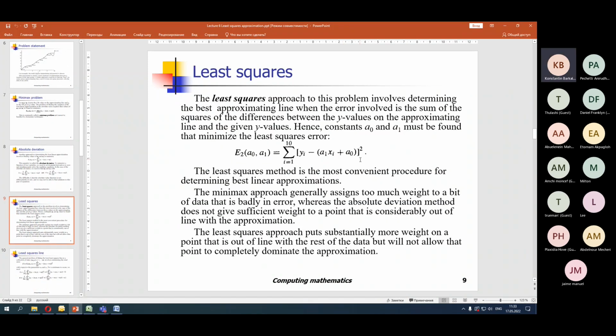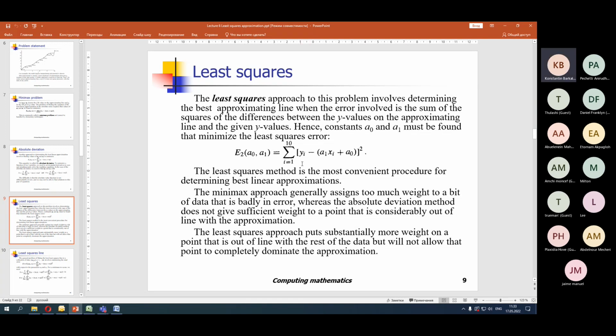But the most popular approach, and the best from the computational point of view, is called the least squares approach. The least squares approach to this problem involves determining the best approximating line when the error involved is the sum of the squares of the differences between y values of the approximating line and the given y values.